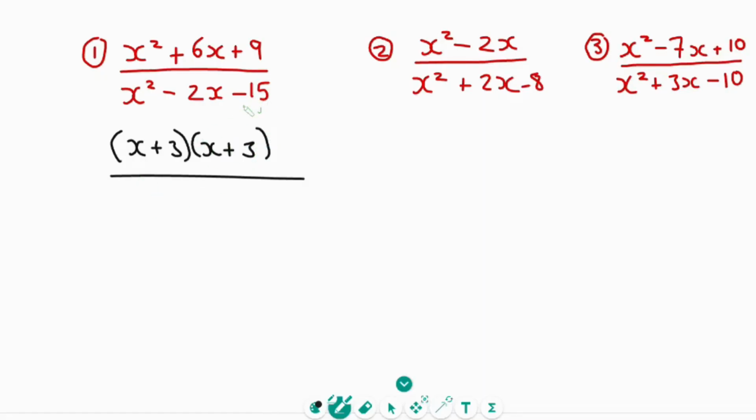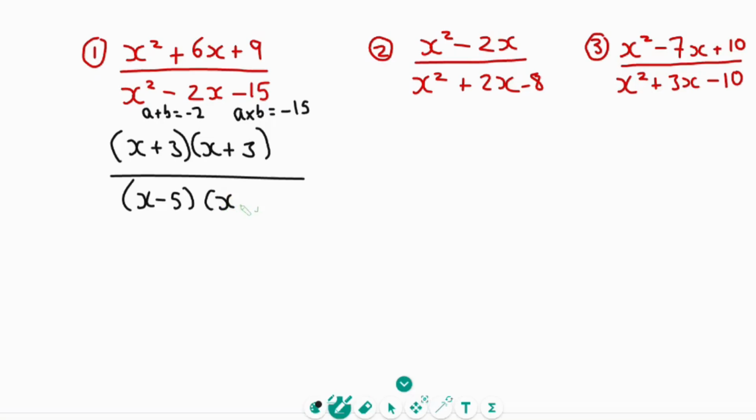Two numbers that multiply to get negative 15 and add to get negative 2. It's got to be a plus and a minus. 5, x minus 5, x plus 3.